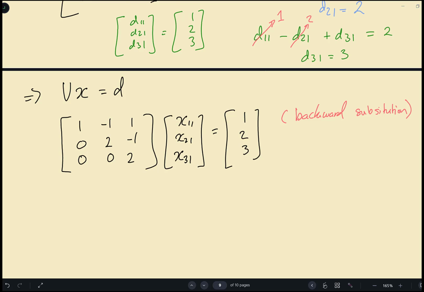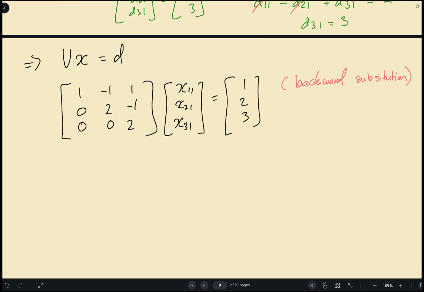So just like we did before, if you recall from the previous lecture, right, x31 is going to equal 1 over the coefficient, so this is a half, multiplied by 3. This will give us 3 over 2. And then looking at x21, we're going to do 1 over the coefficient.